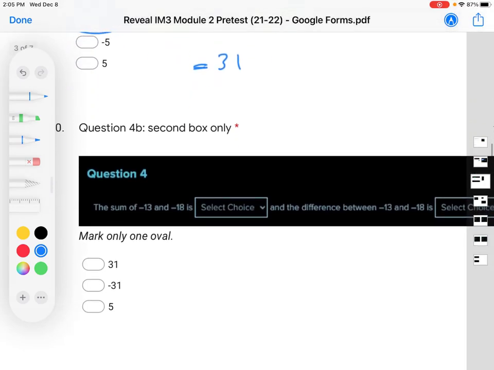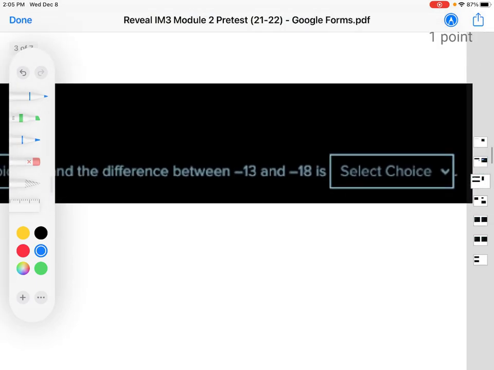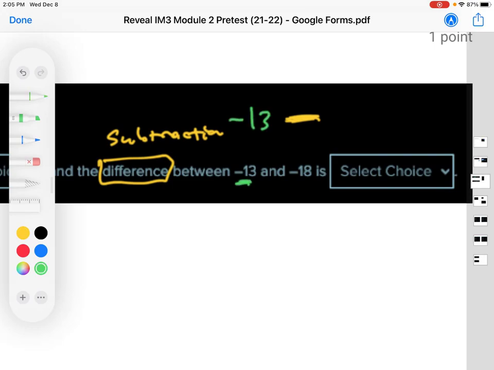Question 4b is, look at the second box. Okay, so what is the difference? Difference here means subtraction. So I'm going to put a big minus sign here. Then I have negative 13 minus 18. Well, what's going to happen here is this is called the opposite of a negative number.